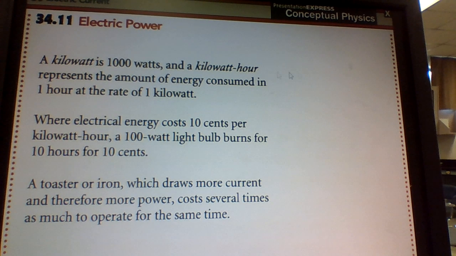So a kilowatt is 1,000 watts. What we look at when we purchase our electricity from a power company is the kilowatt hour, and a kilowatt hour is a form of energy. I pay, I think, something like 15.7 cents a kilowatt hour at Reading Electric Utility.